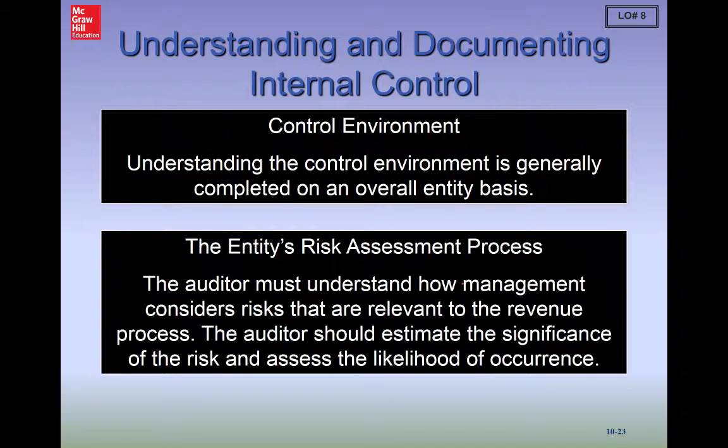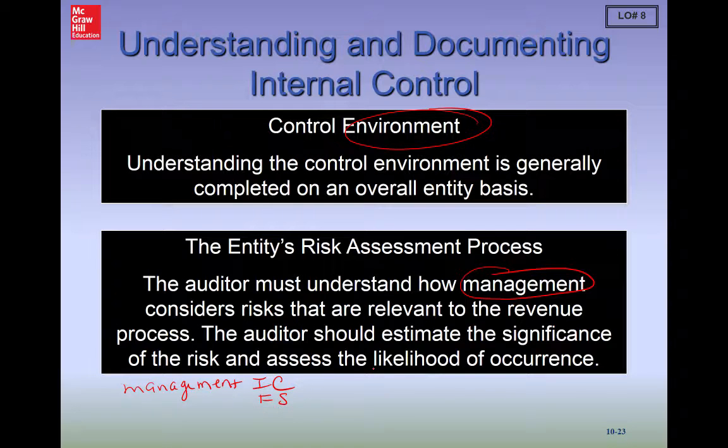So let's talk a little bit more about understanding and documenting our internal controls. First, we need to understand the environment in total. So this is the entire environment, and we need to kind of set our overall bias around that. Then as we take that, we need to actually understand how management, remember, management is responsible for the internal controls, and they are responsible for the financial statements.